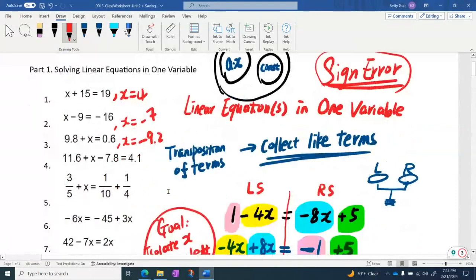Try number 4. You want to simplify the left side first.